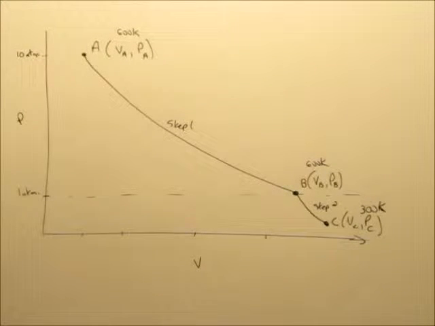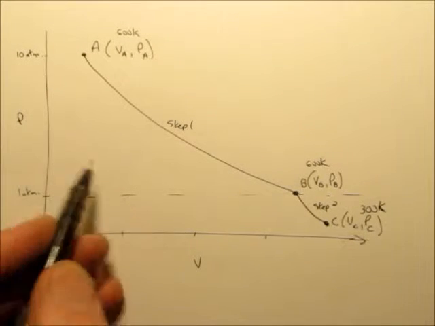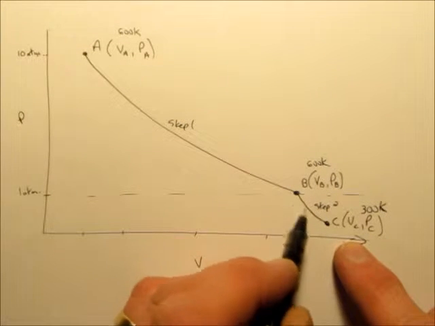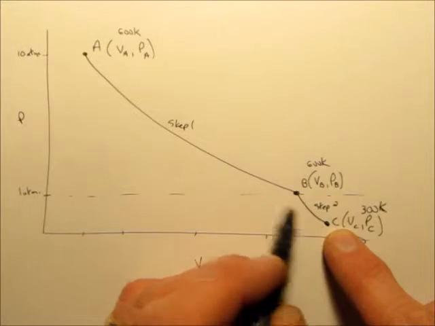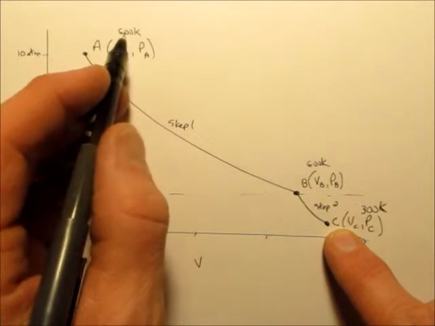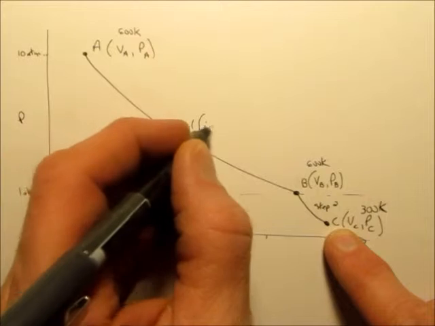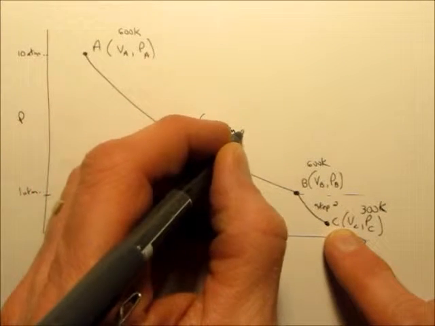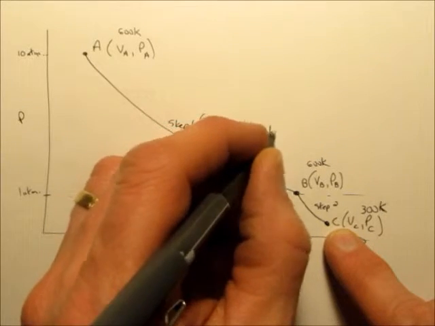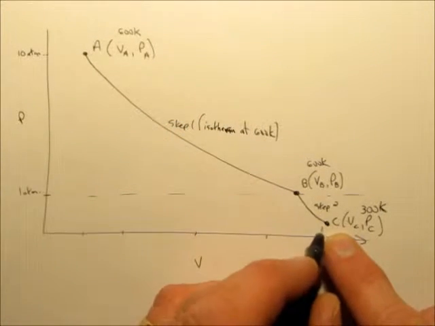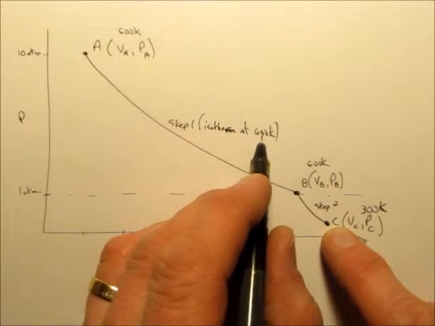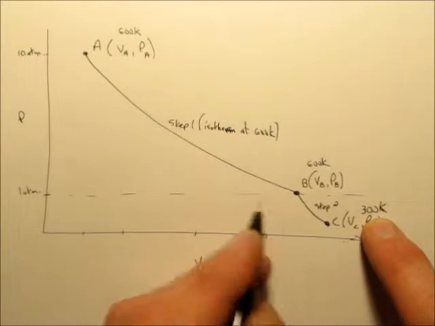So you are going isothermally, but notice how it's not telling you much about point D. Step 1 was an isotherm at 600 Kelvin. This step 3 is an isotherm, but it's an isotherm that's taking place at 300 Kelvin because C is at 300.